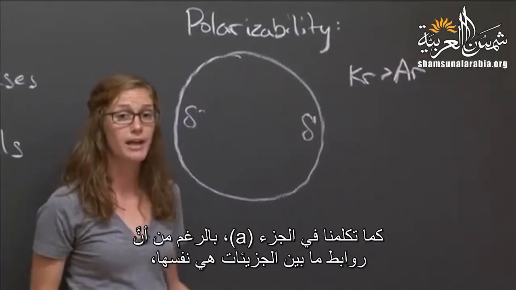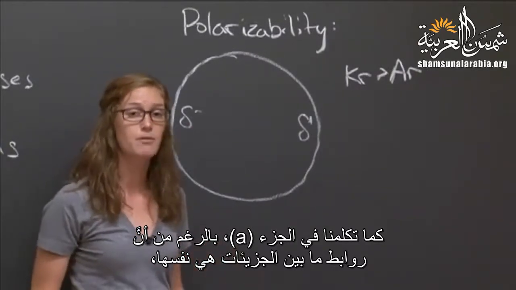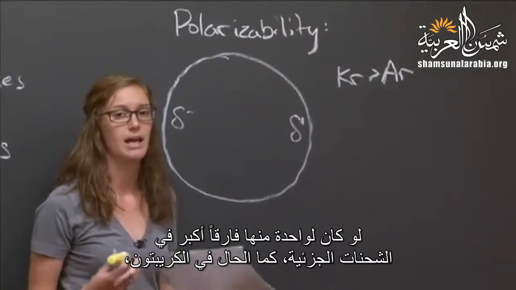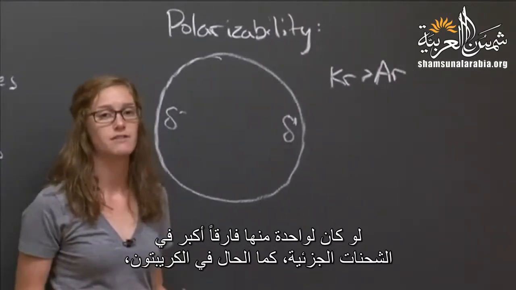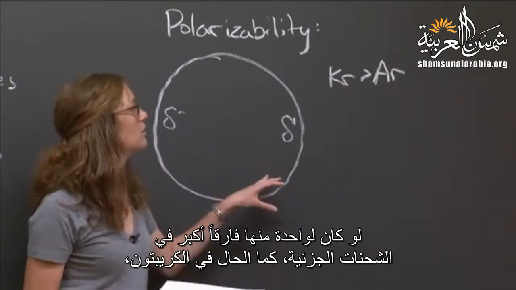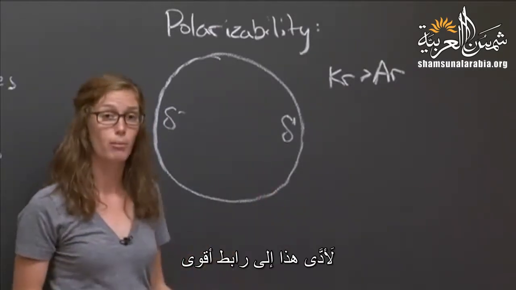As we talked about in part A, even though these have the same type of intermolecular bonds, if one of them exhibits a higher difference in partial charges, as krypton will, then it results in a stronger bond.